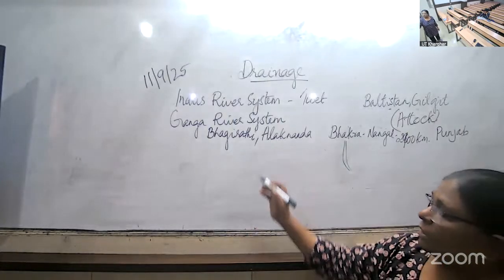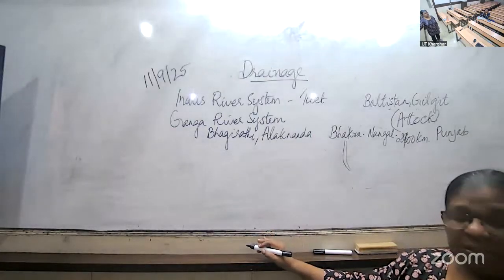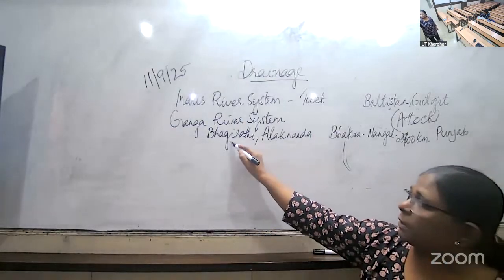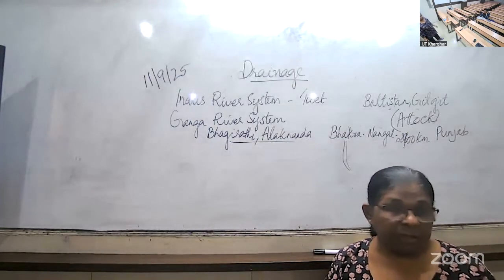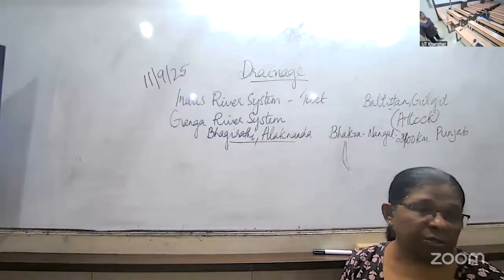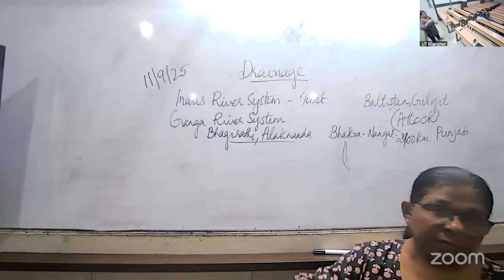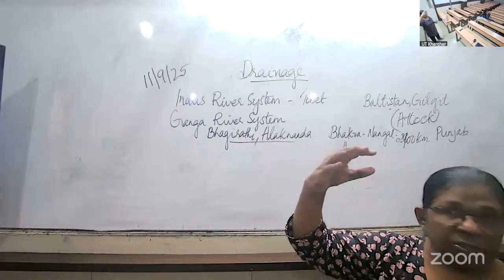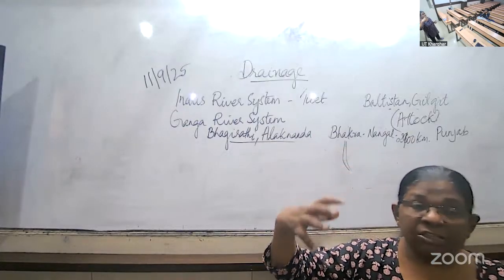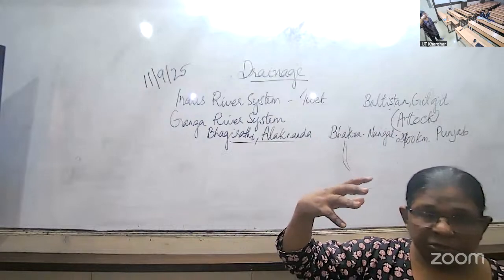There are many stories about the origin of this Ganga. It is believed, according to Hindu mythology, that there is the Kailash mountain, where Lord Shiva used to sit.